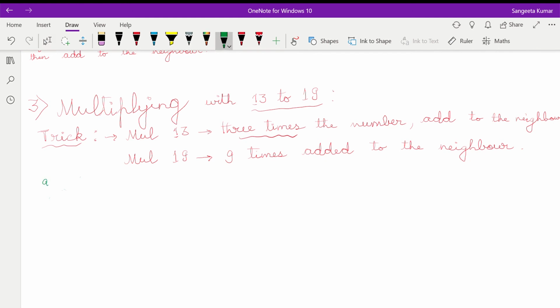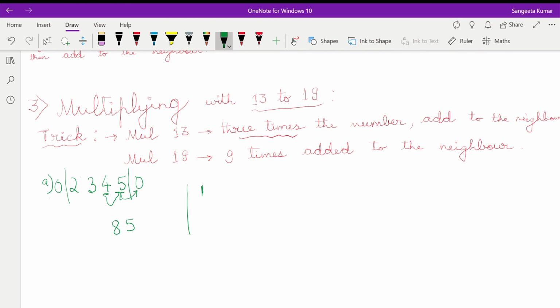So for 13, we are going to take 2, 3, 4, 5. Again, strokes and 0. Here, every number is to be multiplied 3 times. So 5 threes are 15. 15 plus 0 will give us 5. 1 will be in our hand. 4 into 3, 12. 12 plus 5, 17. 17 plus 1 is 18.